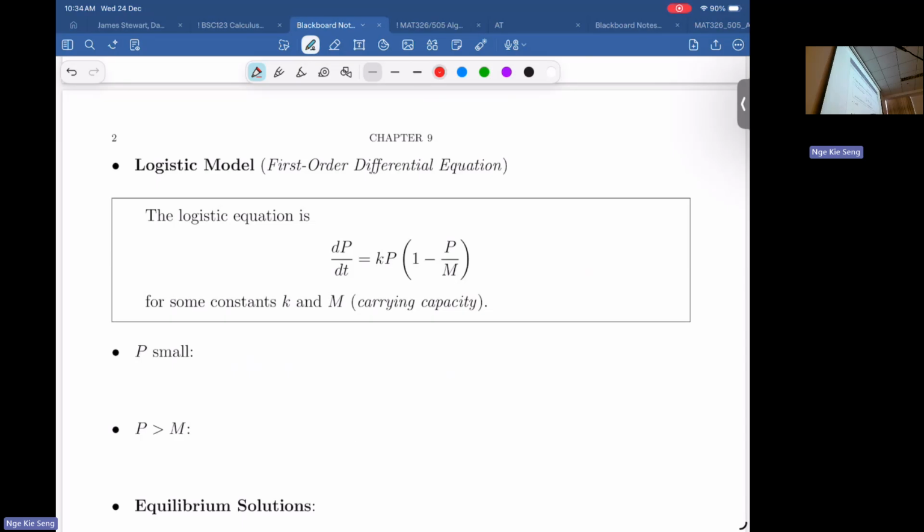You learned limits, right? So imagine that this p is really small. When p is really small, this 1 minus p over m is just 1. So you go back to the previous case. But when your population grows very much, then your derivative will approach 0. So this is more realistic. This is what really happens in real life.